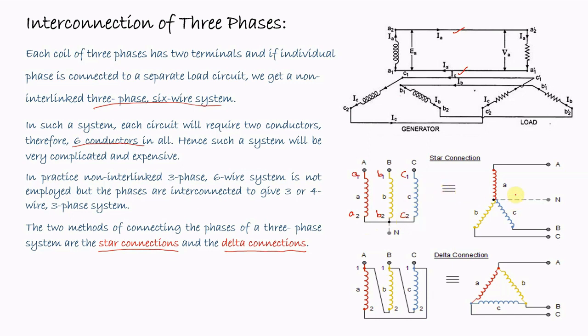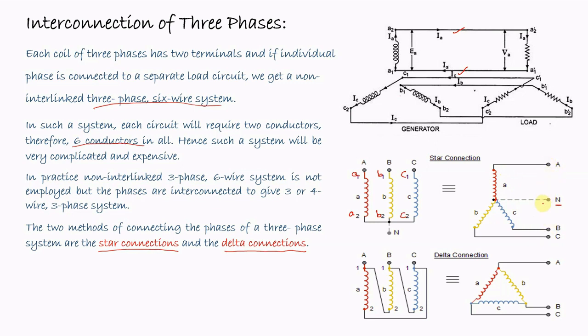So it can be seen like this. A, B and C are the three coils. The common terminals are joined together and this is considered as the neutral terminal, whereas the other terminals are connected to the external load.